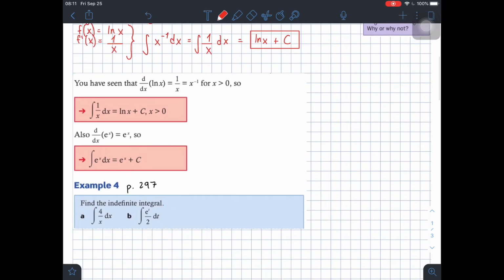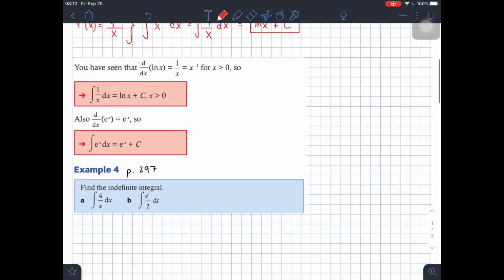Then it says, you have seen that the derivative of natural logarithm is 1 over x, for x greater than 0. So the integral of 1 over x is natural logarithm of x plus c. And if we use the same reasoning, if you remember the derivative of e to the power of x, the derivative of e to the power of x is e to the power of x.